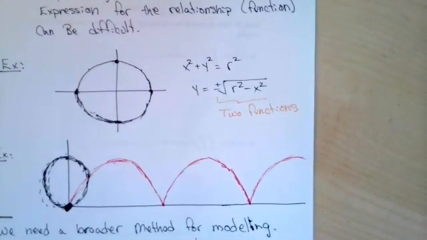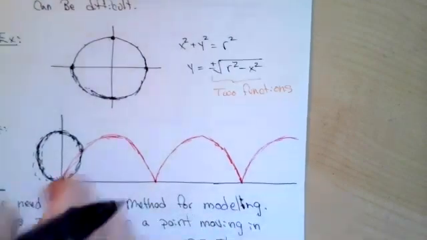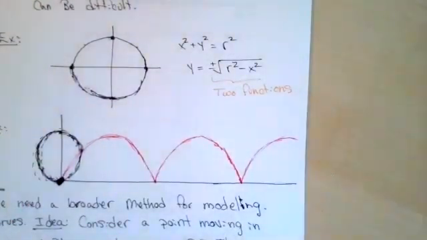Now what we want to try to think of as not only the shape in its entirety, but we also want to think of the shape being created over time.